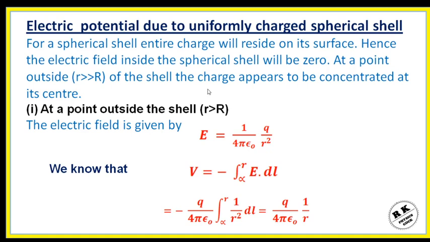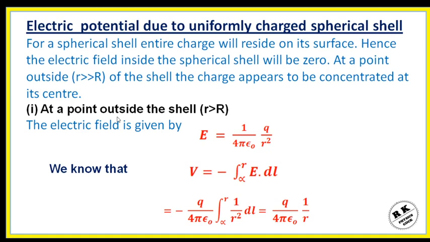Though no charge is present at the center of the spherical shell, it appears as if the charge is present at the center. The entire charge is concentrated at the center of the sphere for the points outside the shell.